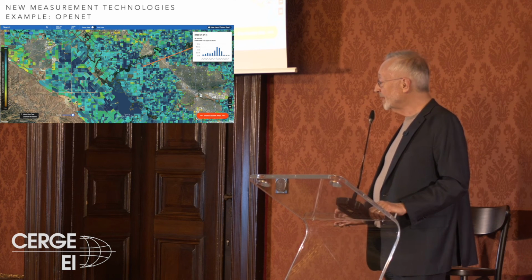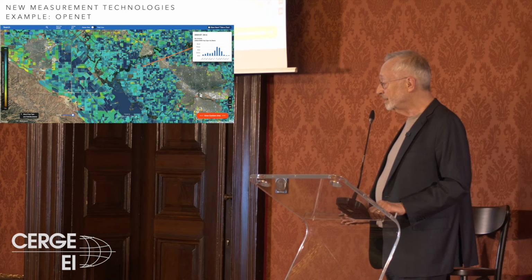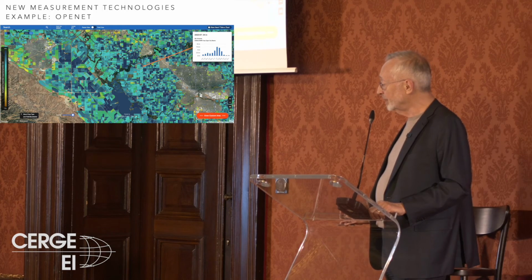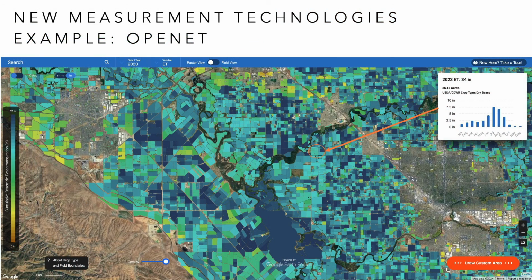And I'm looking at an area in Northern California. This is the Coastal Range Mountains in California, and this is an area in the Central Valley of California. Each of these pixels, if you will, is the result of a satellite image which looks at how wet the fields are, or how much water has been put down into the fields at that moment.